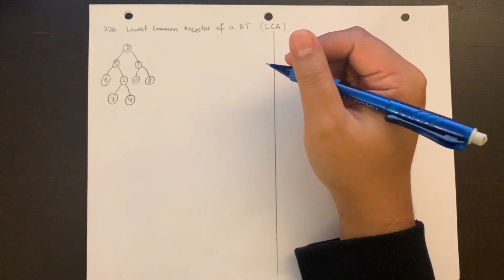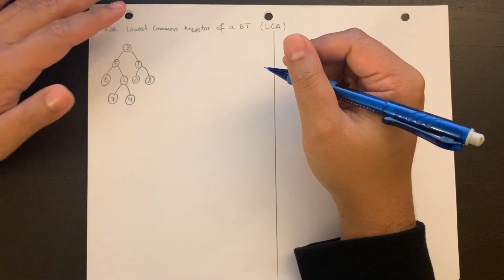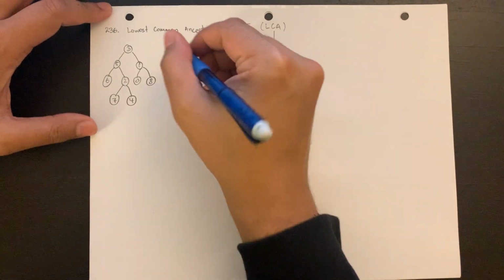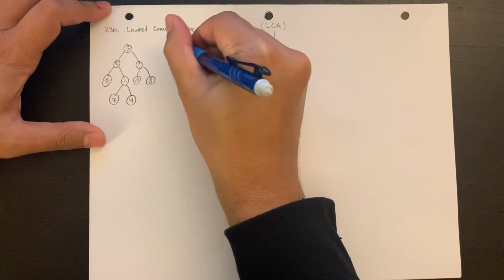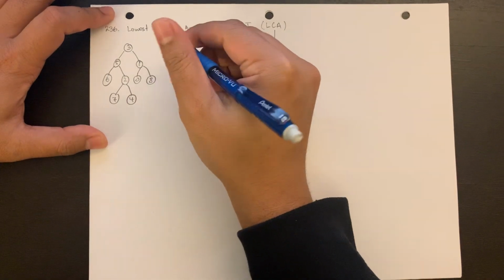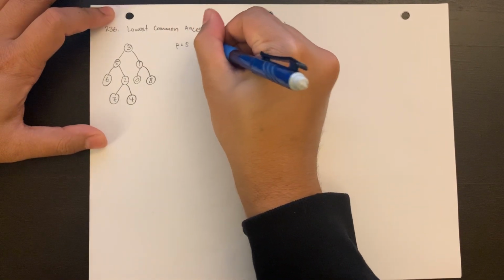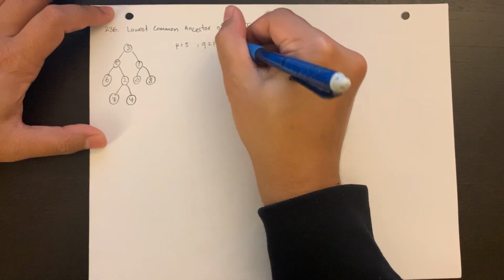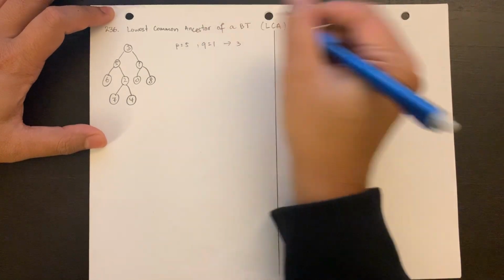In this LeetCode problem, they provide us an example: when P is equal to 5 and Q is equal to 1, the output is 3.